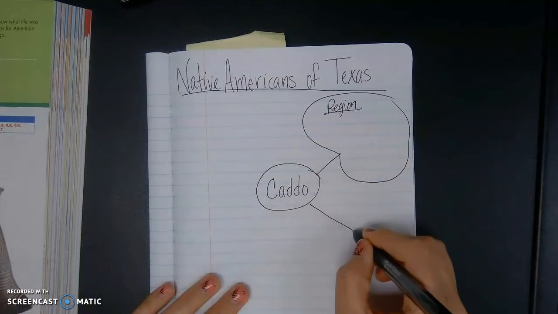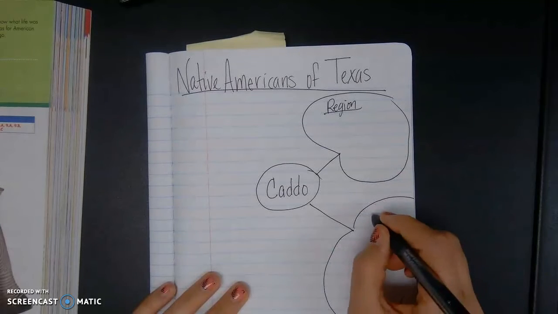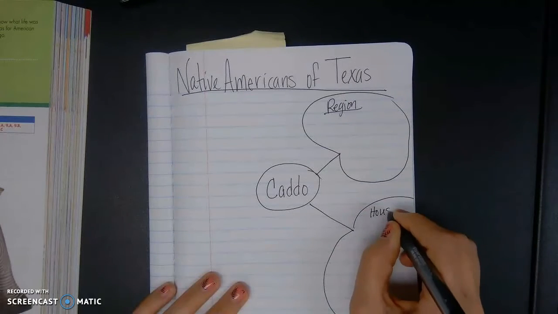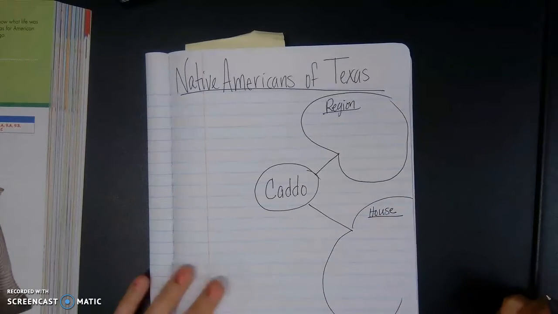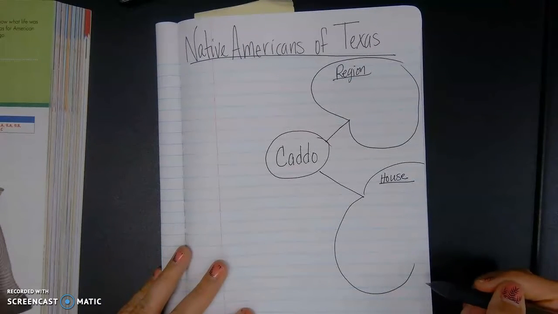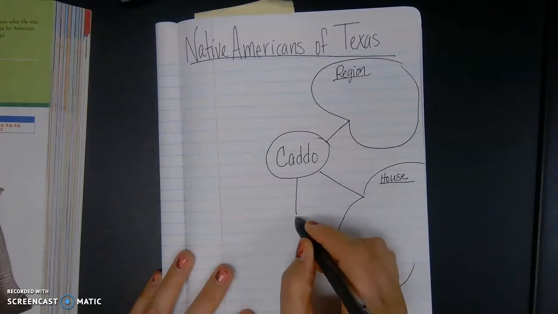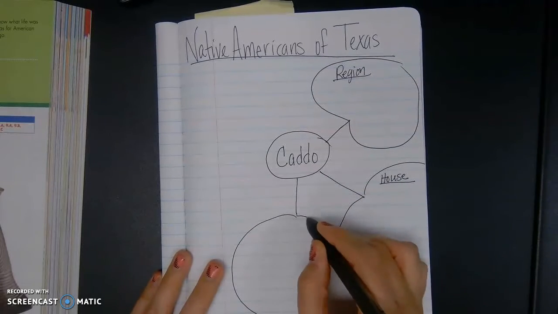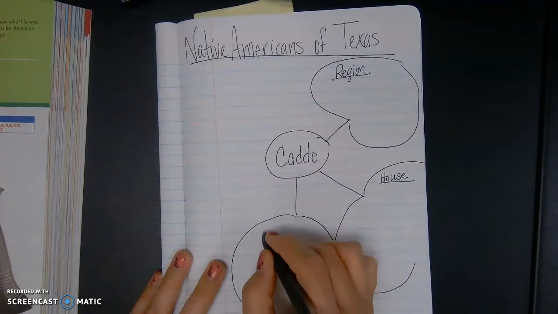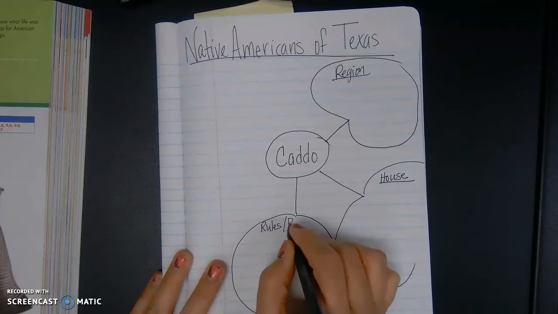We're also going to be looking at, do they talk specifically about the type of house that they live in? All right, and I'm making my bubbles kind of big, filling my paper. Okay, let's put one for any special rules that they have or behaviors.